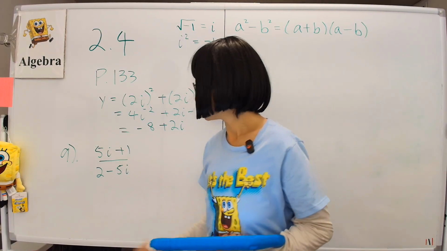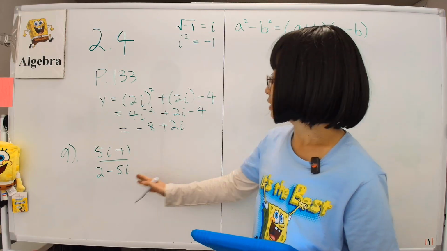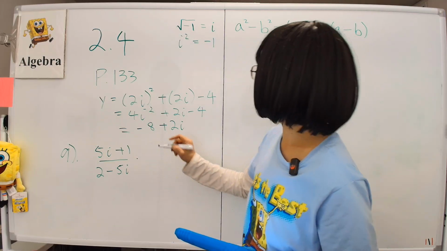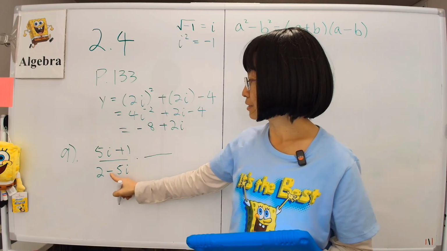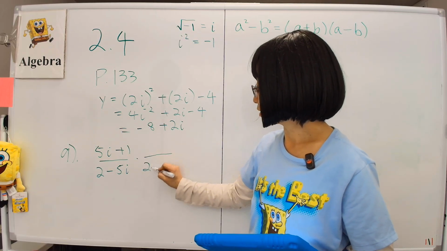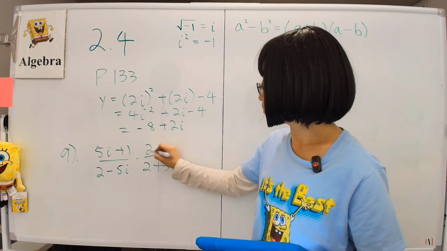Do they want us to simplify it? Yes, they do. So we are going to simplify it by the conjugate trick, where we multiply by switching the sign of what's on the bottom. So 2 minus becomes 2 plus 5i on both top and bottom.